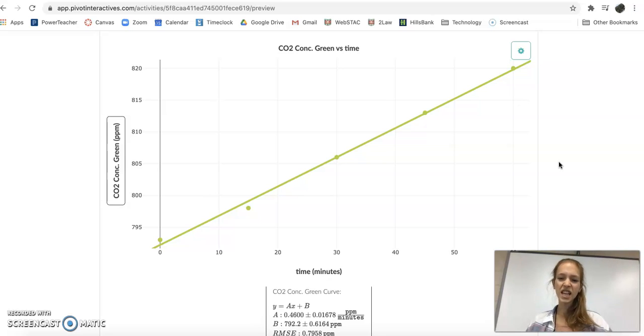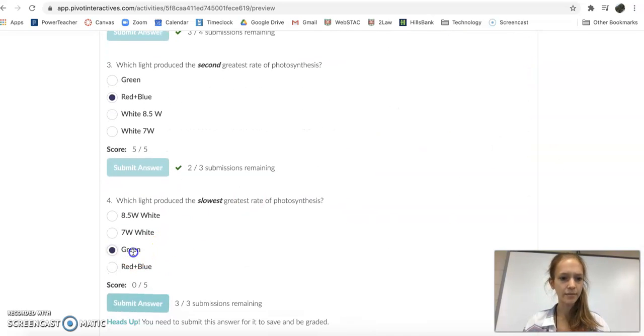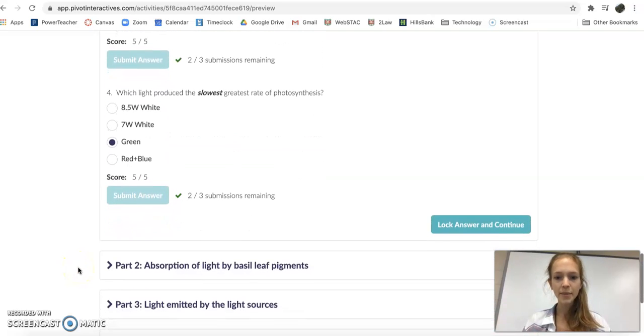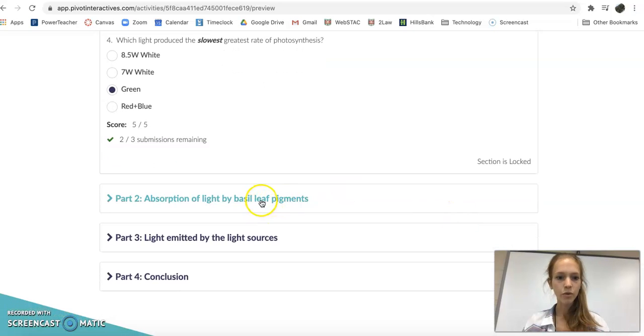So there's no such thing as negative photosynthesis. So I'm going to say that in this green light, we've got pretty much 0, and a hint that something else is happening. You might already know what that is. So I'm going to put green. All right? So when I'm done with that section, I can click lock answer and continue. And I can move on to part 2.